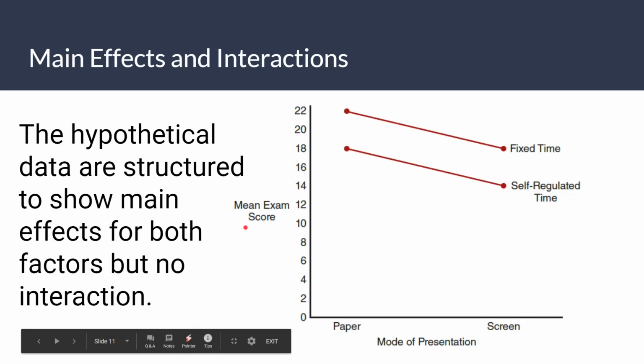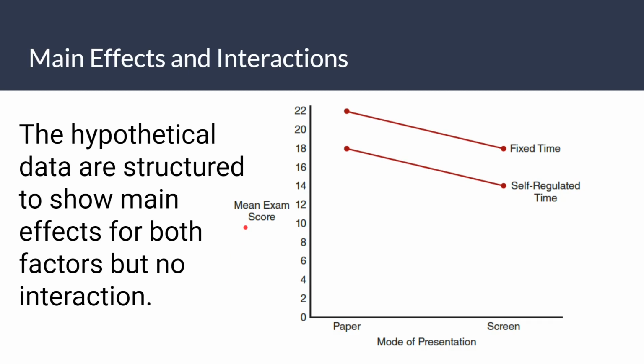Now let's talk about how we visualize interaction and main effects when we are plotting them in a chart. For this example, we are going to talk about hypothetical data wherein there's a main effect but no interaction. Look at this.